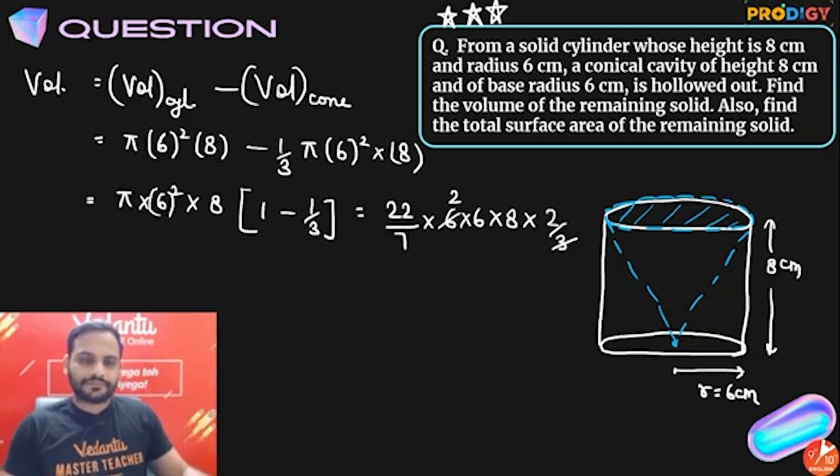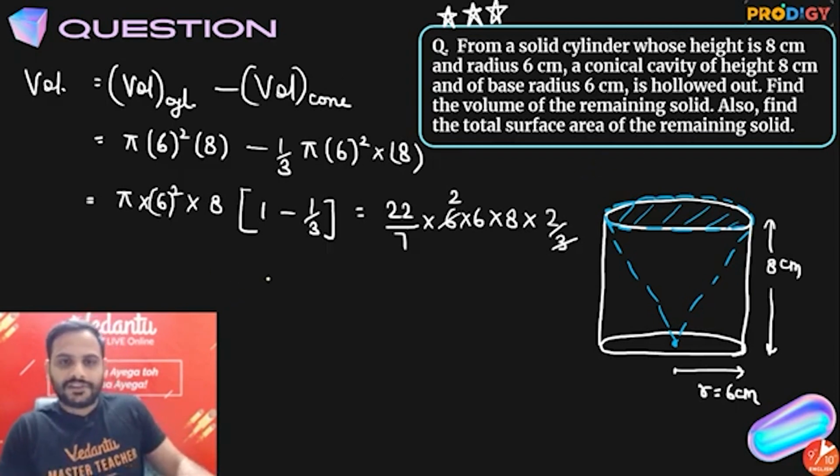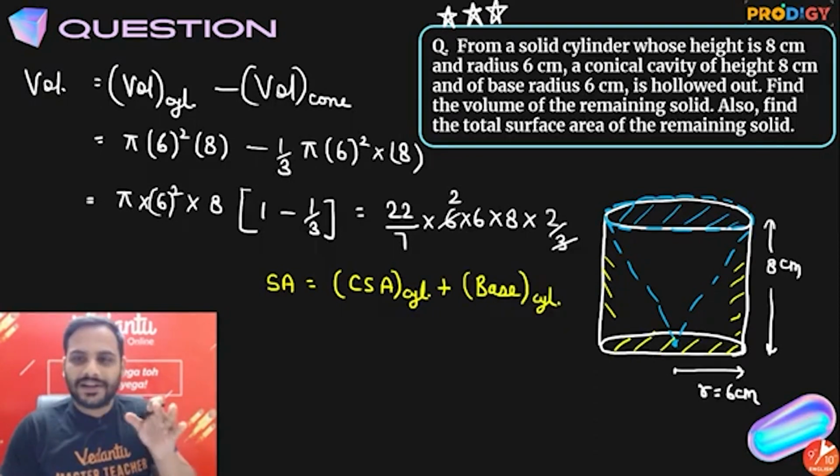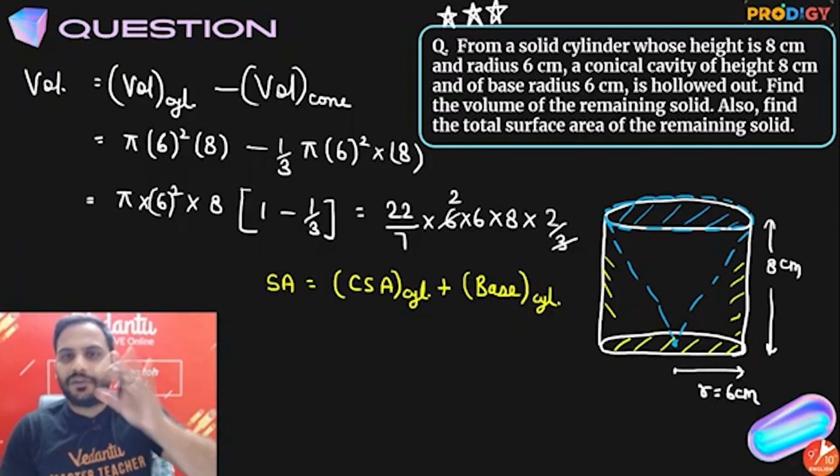Now the next thing is your surface area. Now look, beta, for surface area, let's understand which surfaces I have here. First, for sure we have the CSA of the cylinder, plus obviously the base of the cylinder. Now, if I had not cut this conical cavity, the top would also be added.